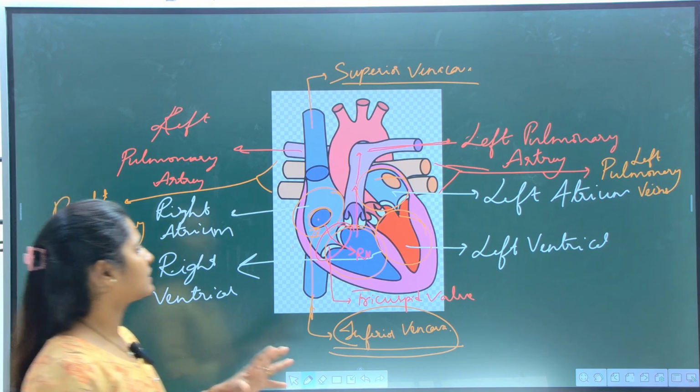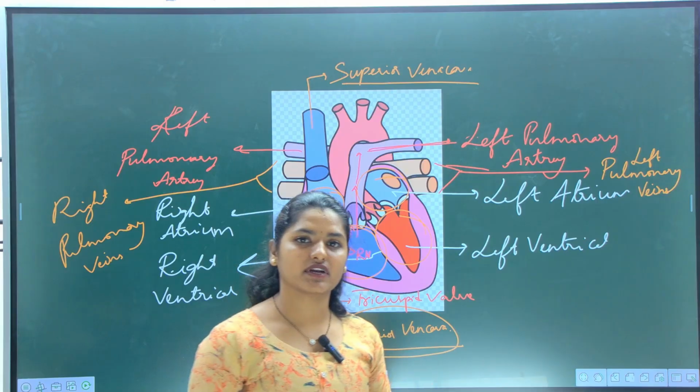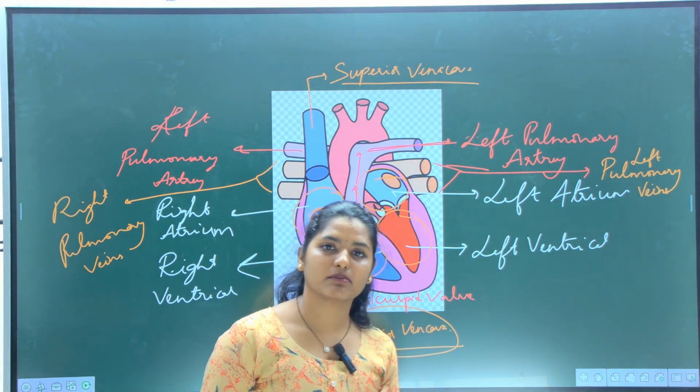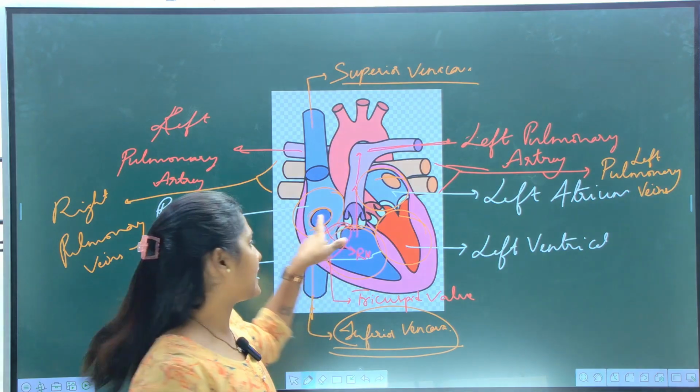So from the starting, I'm telling, from here and here, the superior vena cava and inferior vena cava both collect deoxygenated blood from every part of the body and transfer it to the right atrium.